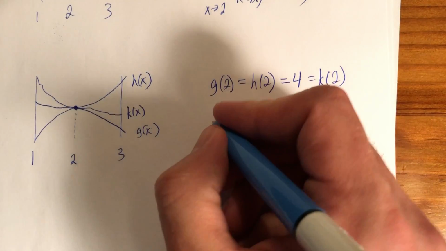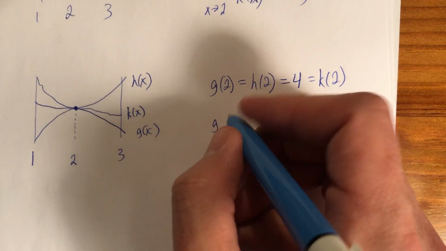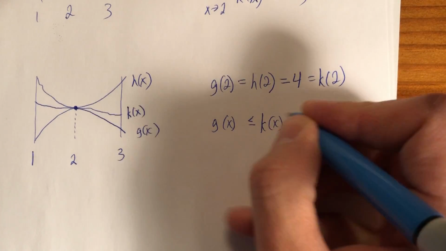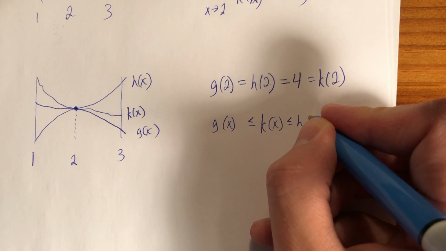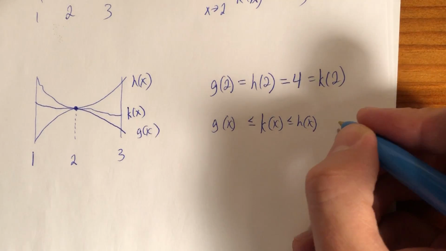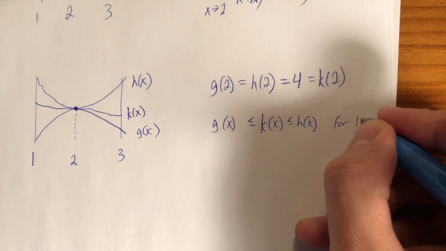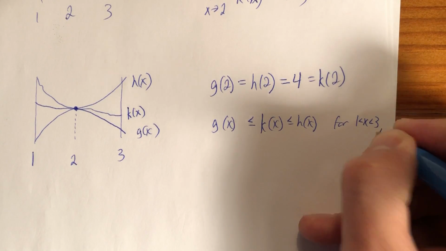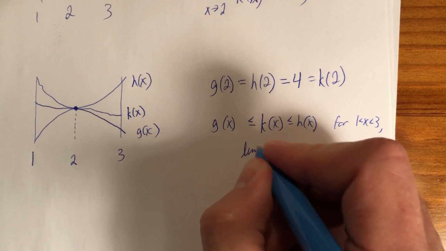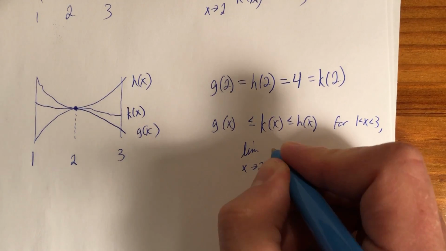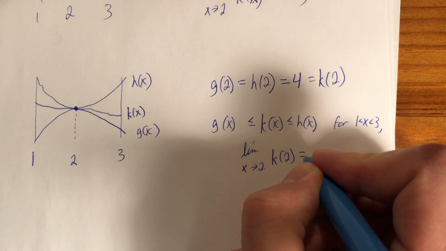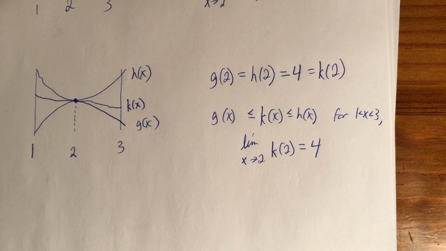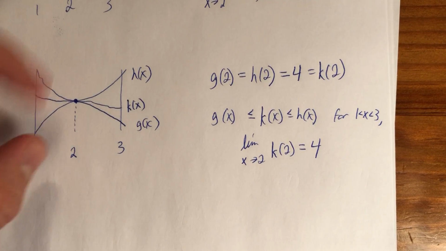But because g of x is less than or equal to k of x, and I'm just writing down what they told me, less than or equal to h of x, for all the stuff on the interval from 1 to 3, the limit as x approaches 2 of k of x is equal to 4. And their explanation, again, was the squeeze theorem because it's stuck in between them, so it's going to have to.